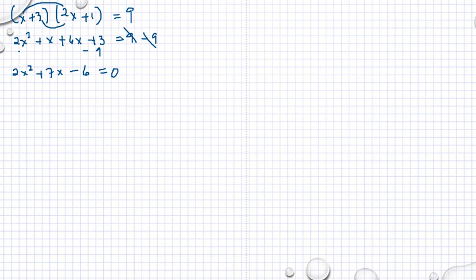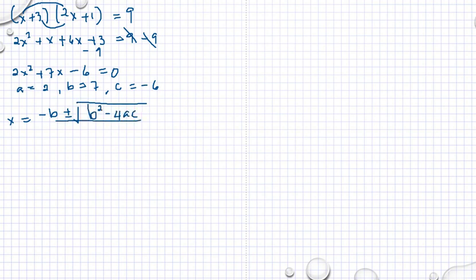Then we have a is equal to 2, b is equal to 7, c is equal to negative 6. Then x is equal to, the formula says, negative b plus minus the square root of b squared minus 4ac divided by 2 times a.